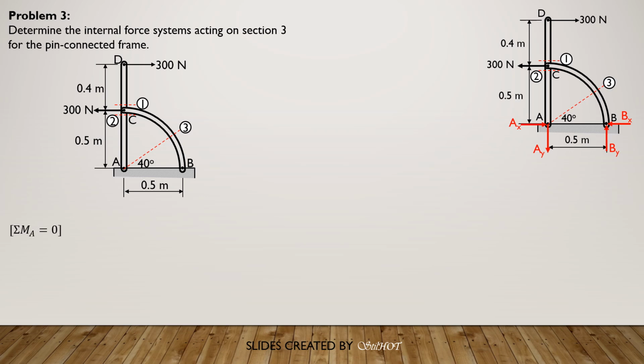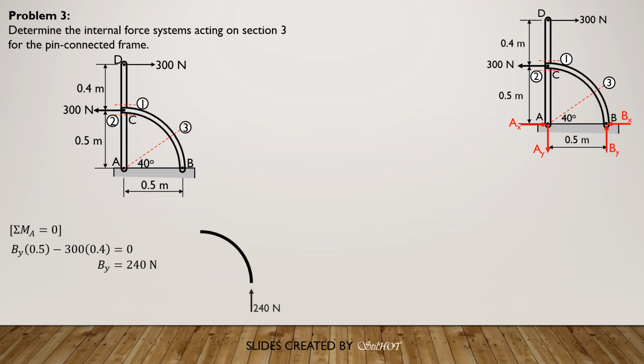Since the loads constitute a couple, BY times 0.5 equals the clockwise moment, so 300 times 0.9 minus 300 times 0.4 equals 0. Or if you sum up moment about A, BY times 0.5 plus 300 times 0.5 minus 300 times 0.9 equals 0. So the result is still the same.